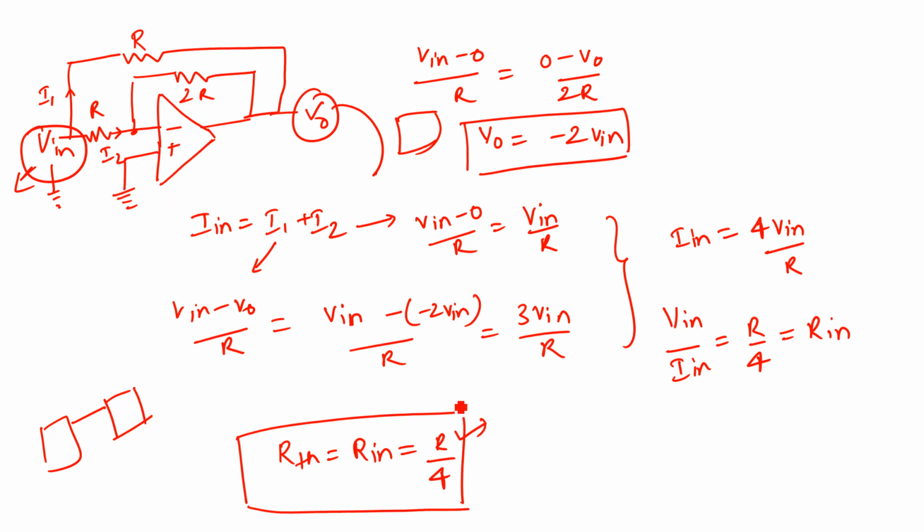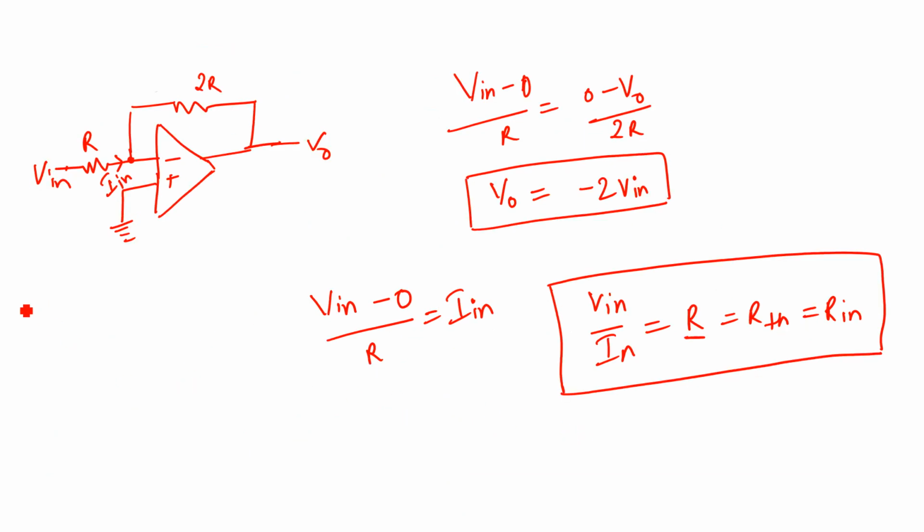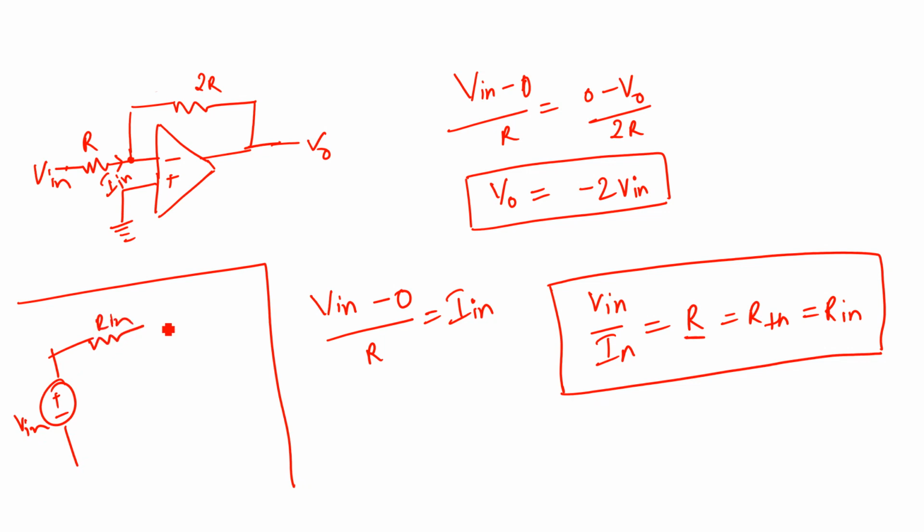Let me just draw it here. It's similar to this: Vin, some input resistance Rn, and the total load resistance RL. So the lower the input resistance, the better the voltage, and the higher the power transfer to RL.